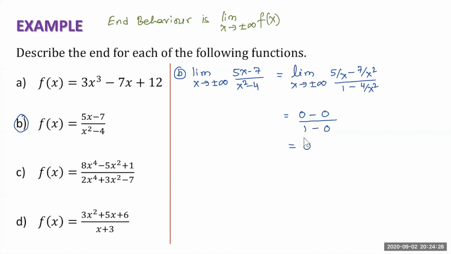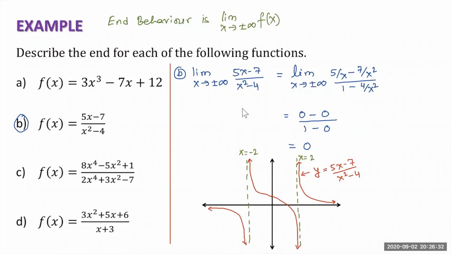Now let's try to understand the meaning of this limit. If we sketch the graph of the function y equals 5x minus 7 over x squared minus 4, your graph will look like this. We can verify this using a TI-84 calculator. You can see that when x goes to positive infinity, this graph decreases and gets closer and closer to the x-axis.